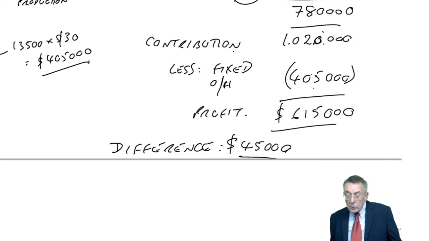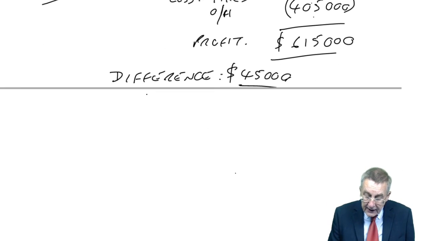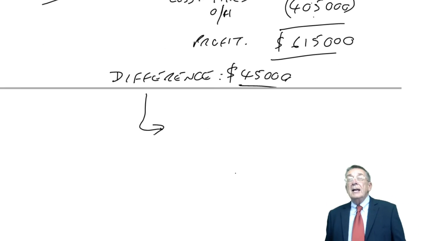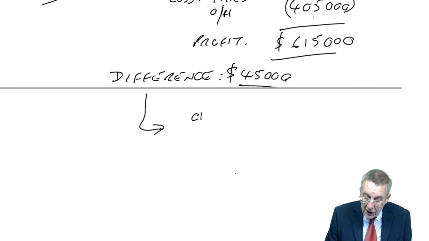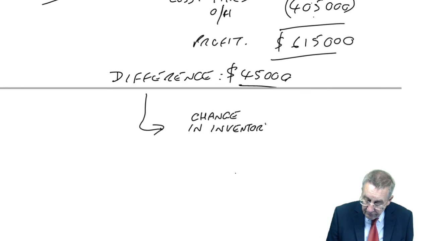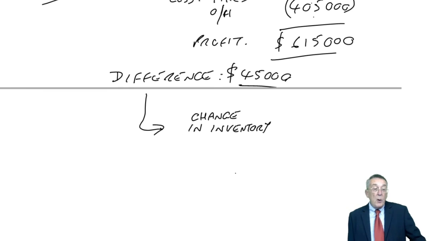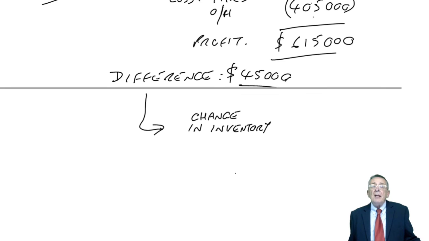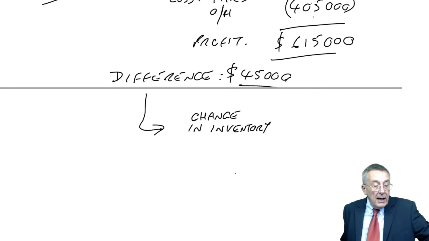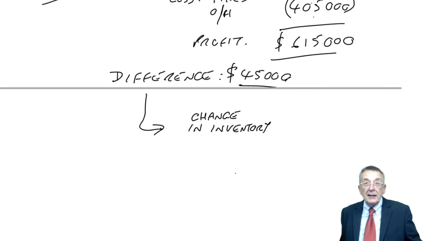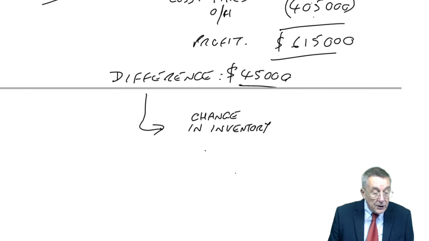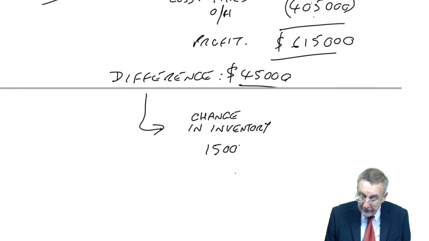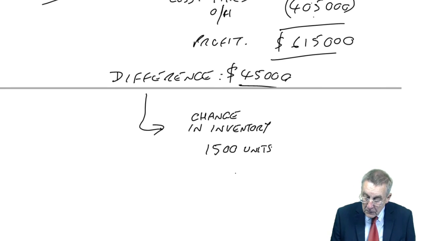And so always the difference in the profits is equal to the change in inventory. In our question, although I'd assumed when I set them up opening inventory was 0, it didn't actually matter. What matters is if you produce 13.5 and only sell 12, inventory must increase by the difference of 1,500 units.